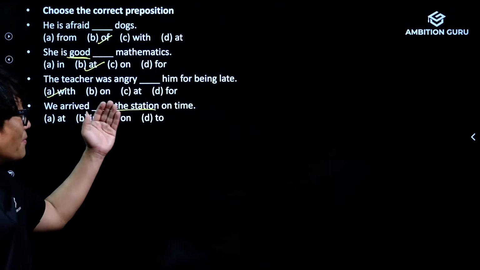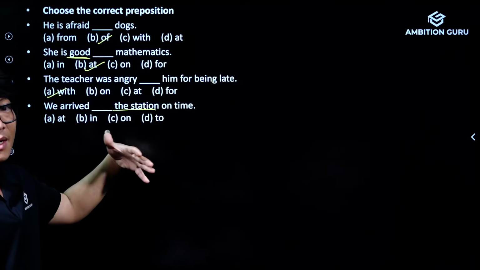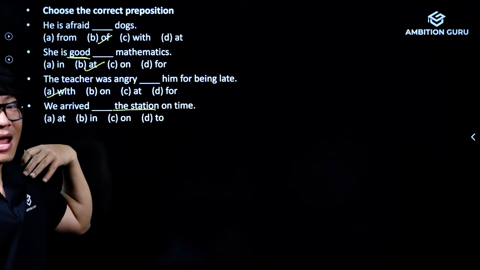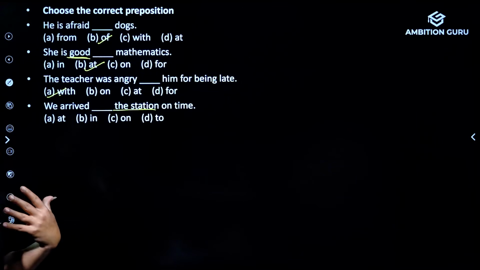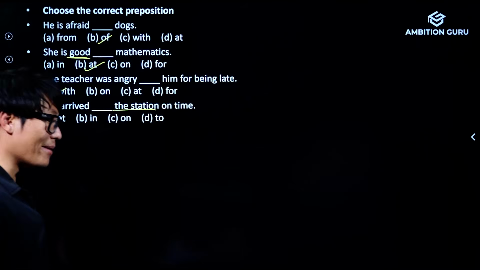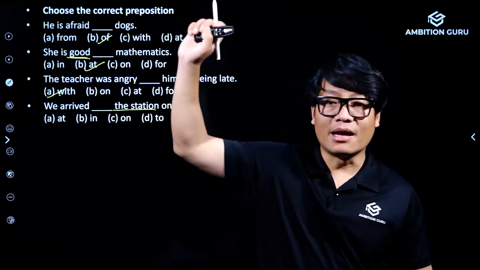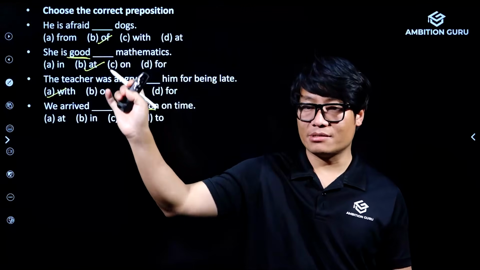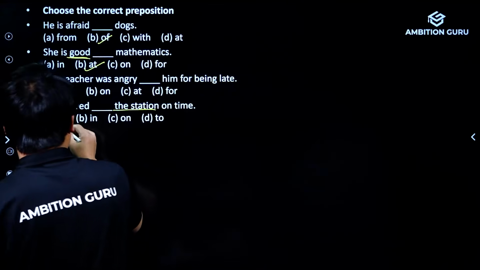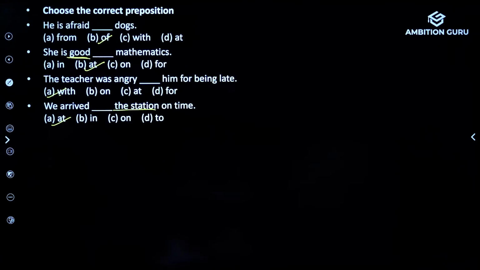Like it can be the airport or the bus station, the taxi station. So we know that I am standing at the bus station, so we obviously use at. We arrive at the station on time. Very good.